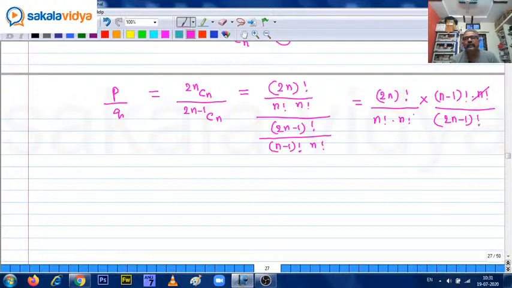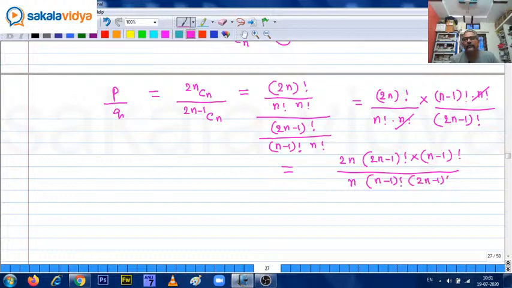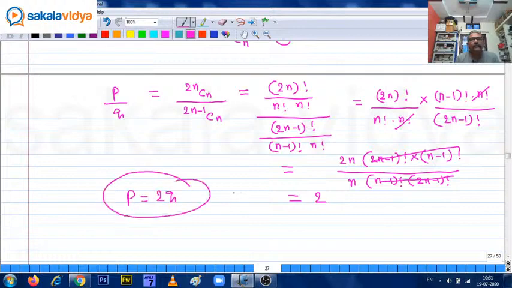First, n factorial gets cancelled. 2n factorial can be written as 2n times 2n minus 1 factorial, times n minus 1 factorial, upon n factorial, which can be written as n times n minus 1 factorial into 2n minus 1 factorial. So these cancel. We have 2. So now, by cross multiplication, P is equal to 2 times Q. This is the answer.